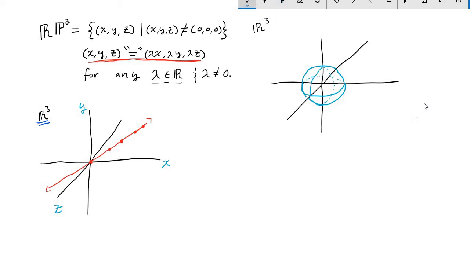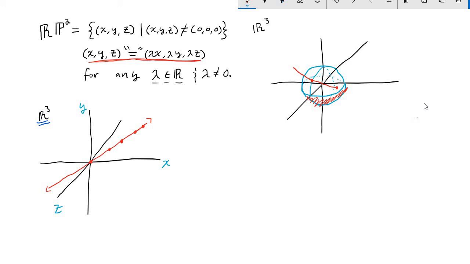But the other thing is, notice that if I take the straight line passing through the origin, this point is already represented in the lower hemisphere. In fact, for every point in the upper hemisphere of the sphere, there's going to be another point which represents the same line. So I can actually toss out the lower hemisphere. All those points are already being represented once by points in the upper hemisphere.